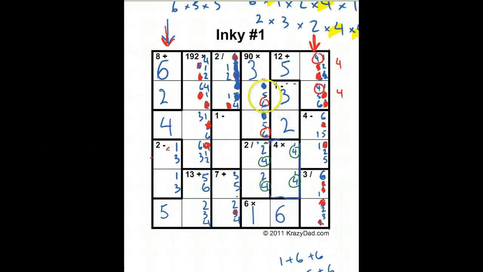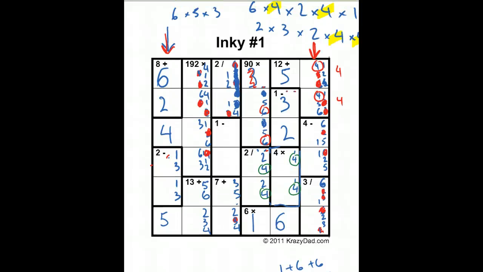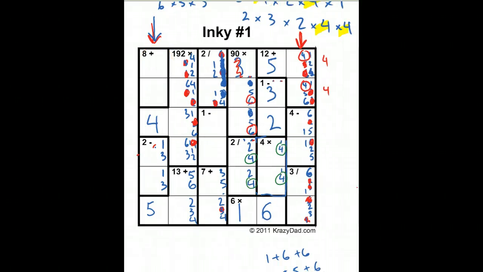I'm pretty sure my mistake was here, now that I look at it. This 3 over here is not for sure a 3, because these two are supposed to be flipped around. I messed up on that one. It's supposed to be a 6 and a 2 this way, so let me go ahead and correct that.